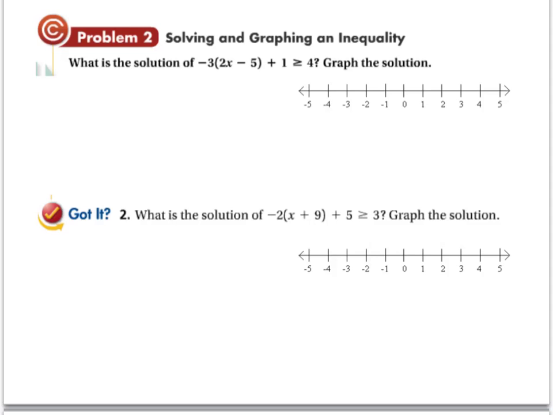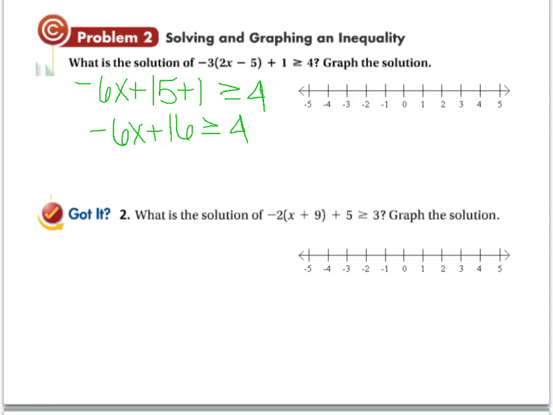Sometimes we have to do multiple steps before we get to our inequality. We have to distribute: negative 6x plus 15 plus 1 is greater than or equal to 4. Combine those like terms. Negative 6x is greater than or equal to negative 12.